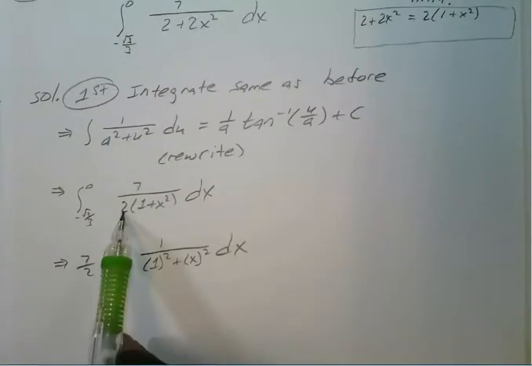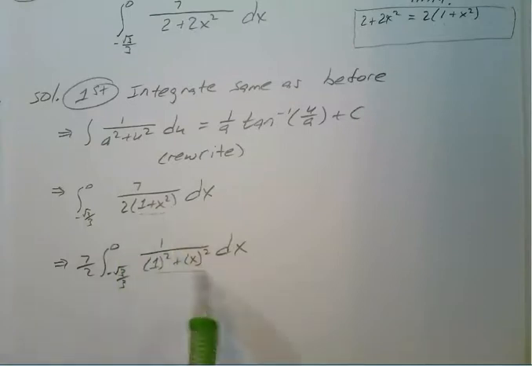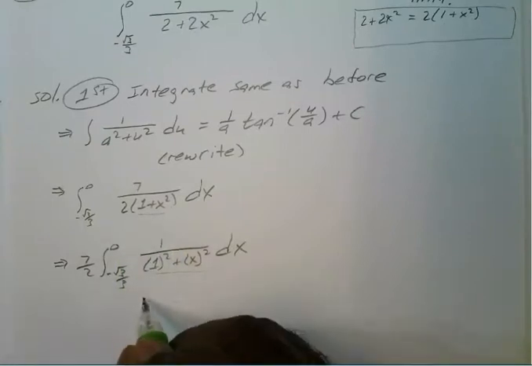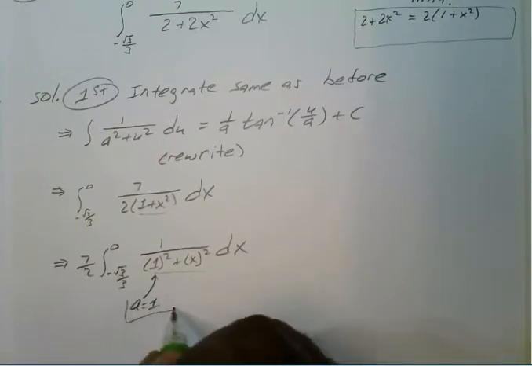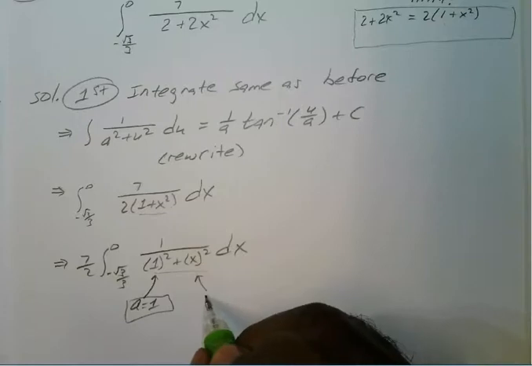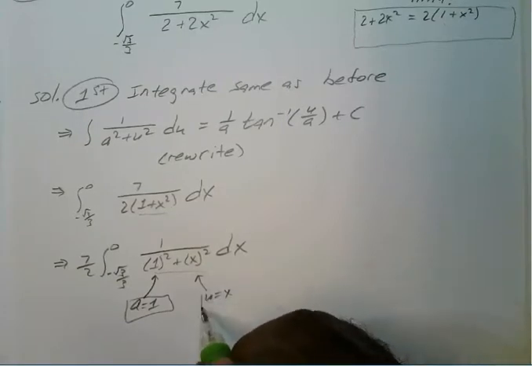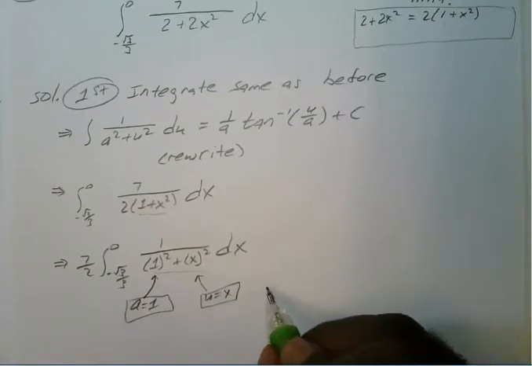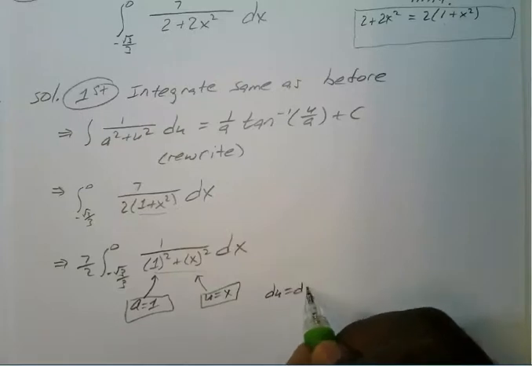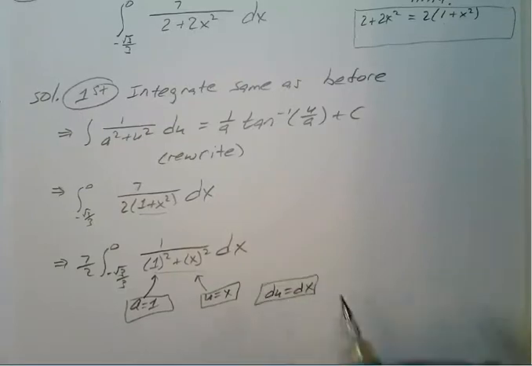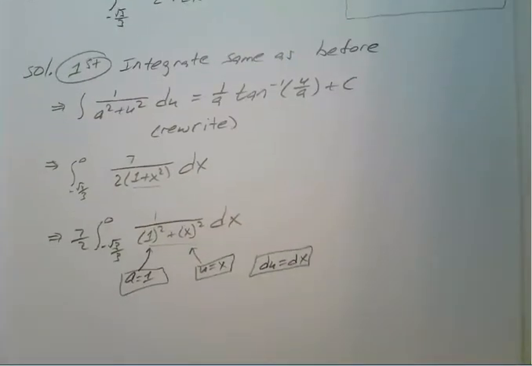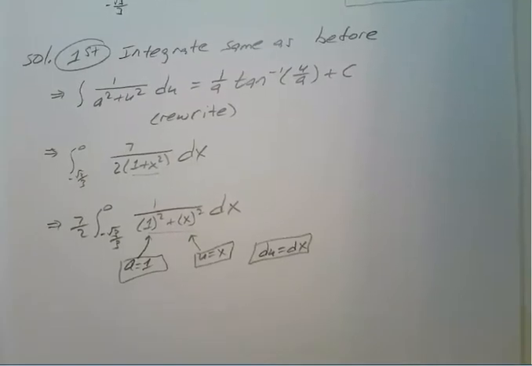Remember, once we factor out the 2, this is our only denominator. So we see here, your a is equal to 1, your u is equal to x, which means your du is equal to dx. Everything we need to move forward.